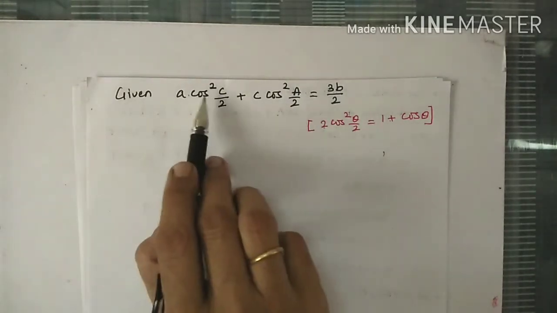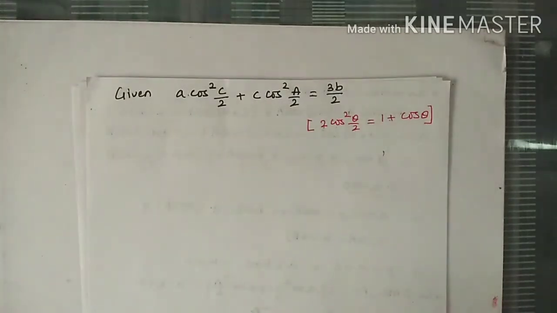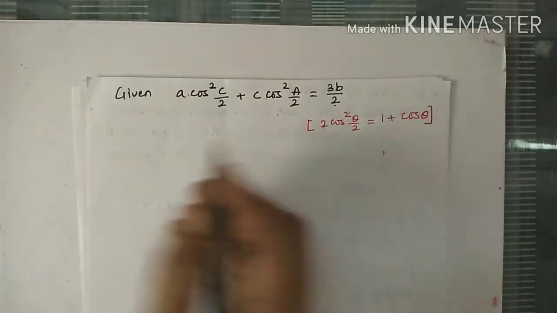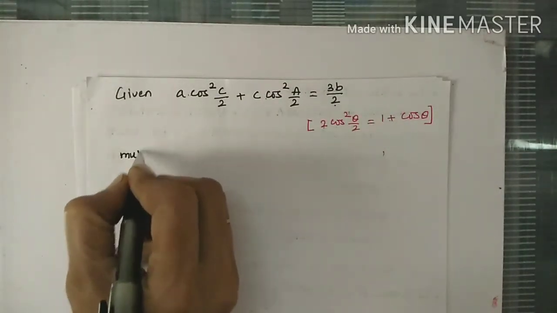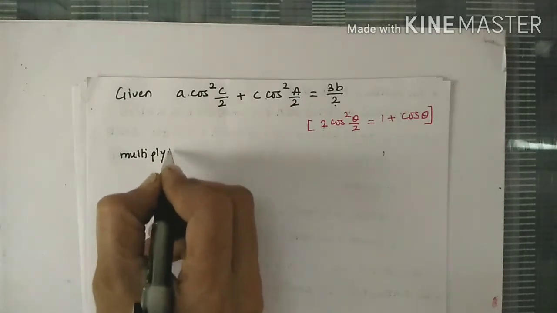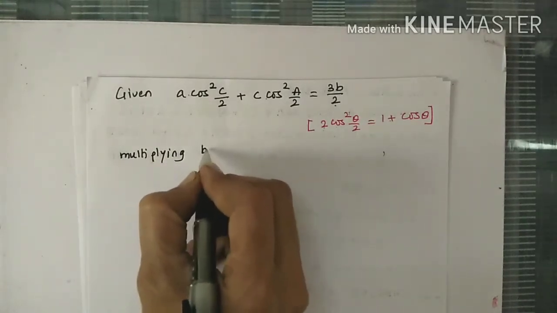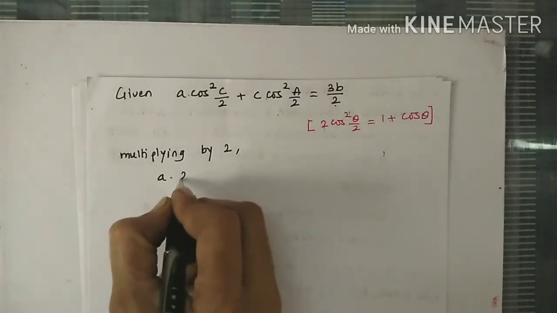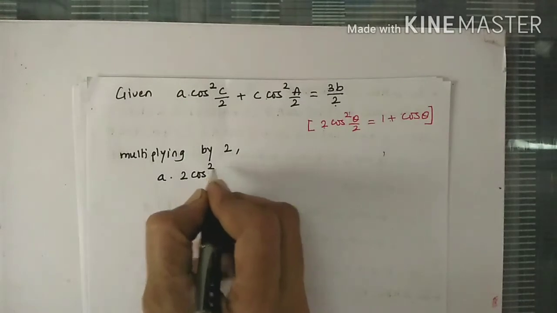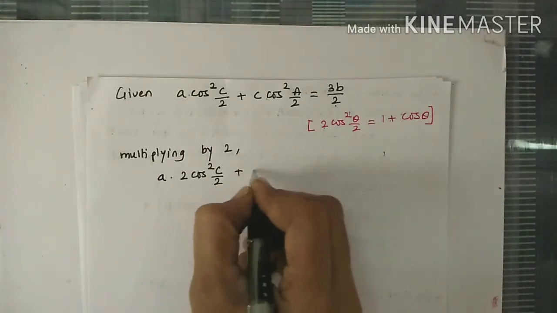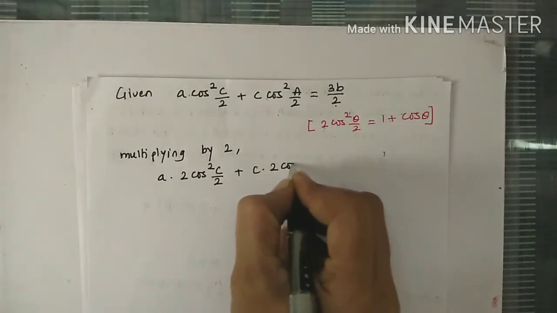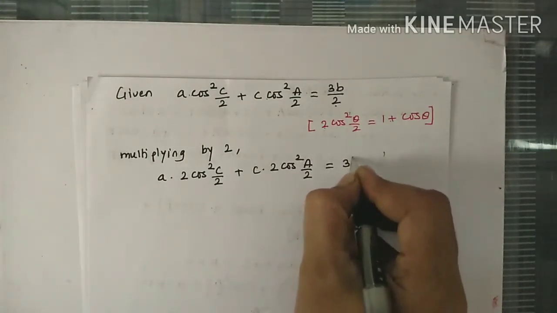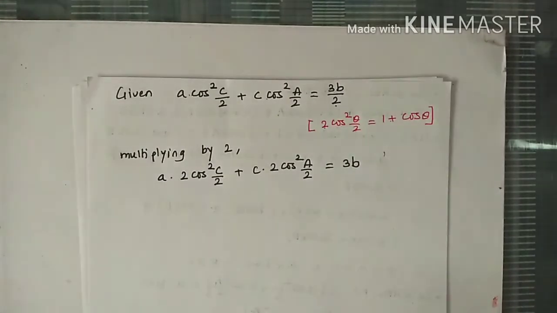So let's multiply the left hand side and right hand side by 2. So here we will get that 2, and here this 2 will get cancelled. So multiplying both sides by 2, that means multiplying each term by 2, we get a into 2 cos square C by 2 plus c into 2 cos square A by 2, and here multiplying by 2, this 2 will get cancelled and we get only 3b.